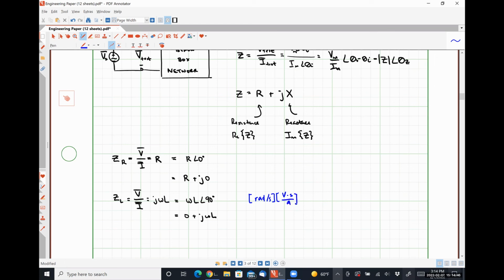So we have radians, which is a dimensionless quantity, divided by seconds, being multiplied by volt second per ampere. And so what happens is the seconds cancel each other out, and we are left with volts per ampere, which is more commonly known as an ohm. So the impedance of an inductor is measured in ohms.